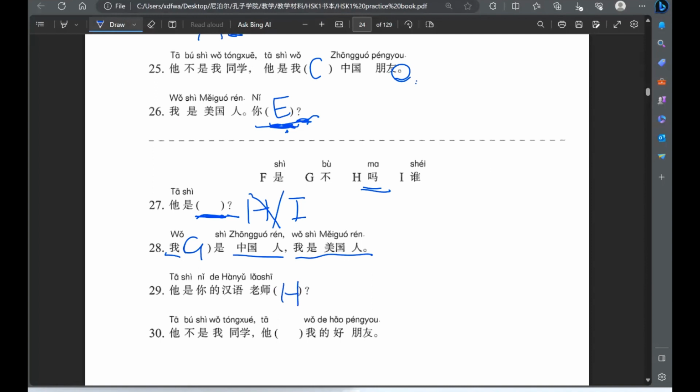When we were learning ma, we learned that the sentence is a complete sentence, and then we add ma and a question mark. Then the sentence becomes a question. Is he your Chinese teacher?